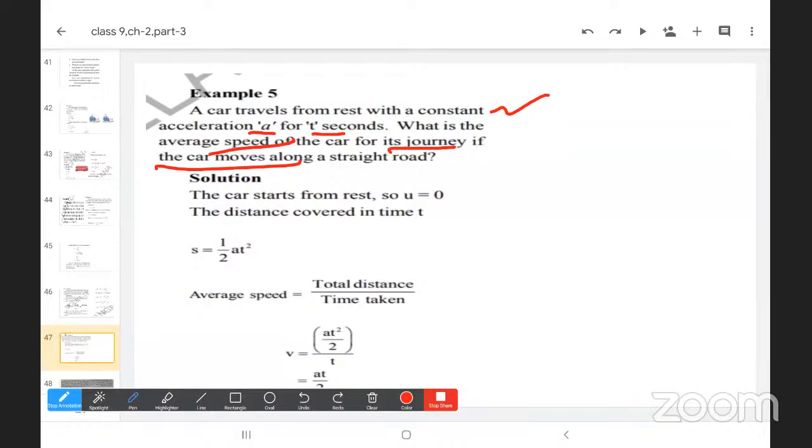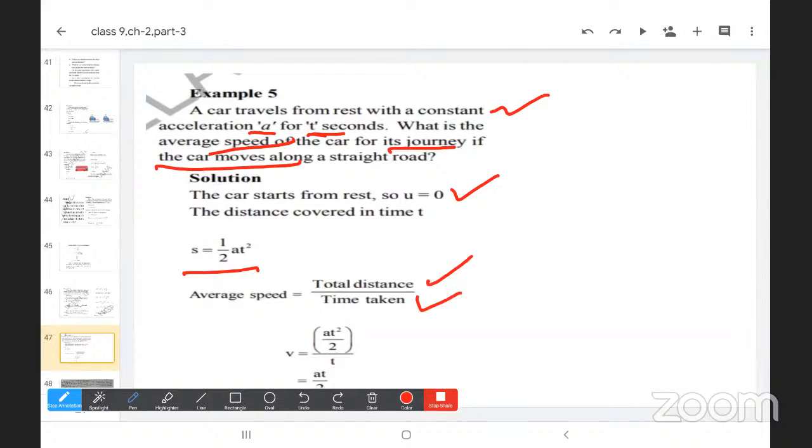So here the solution. The car starts from rest, so we can take U equals 0, and the distance covered in time t is given by the formula S equals half AT square. We need to find the average speed of the car. What is the formula of average speed? It is total distance by time taken.